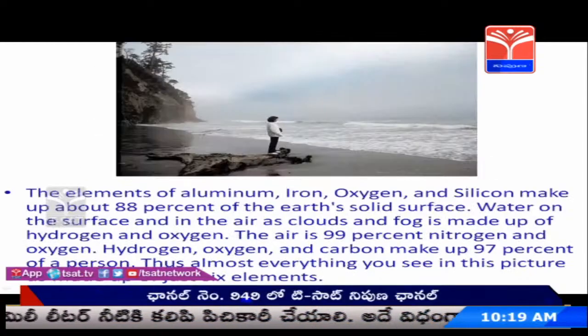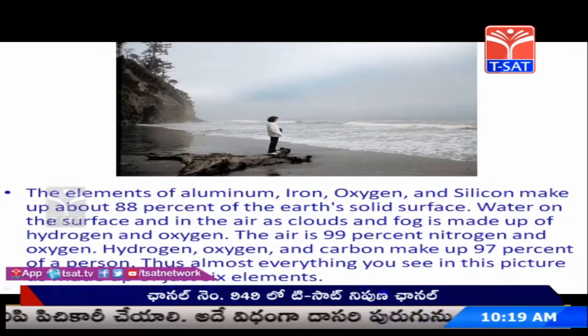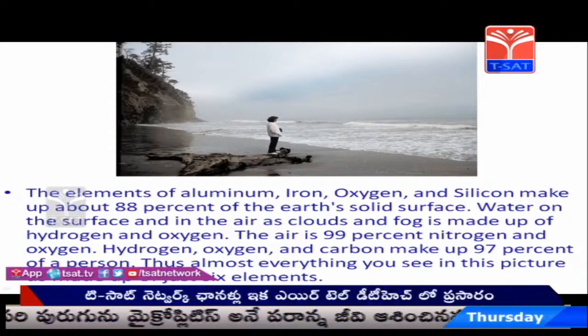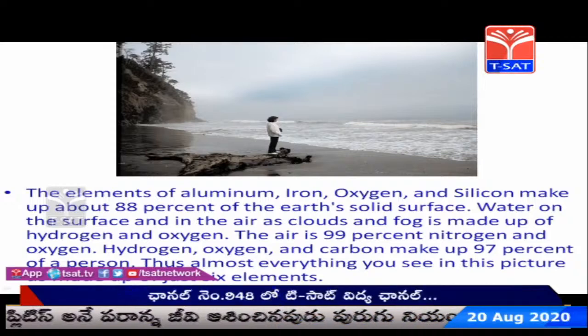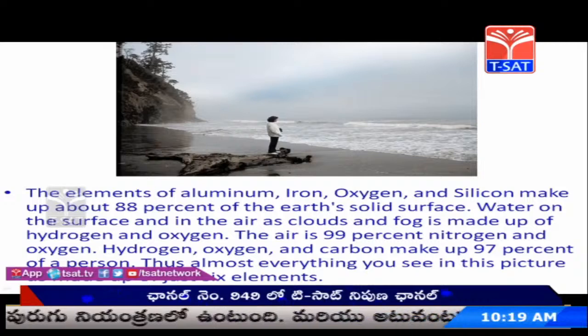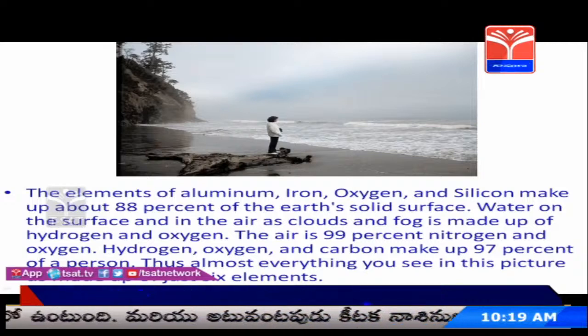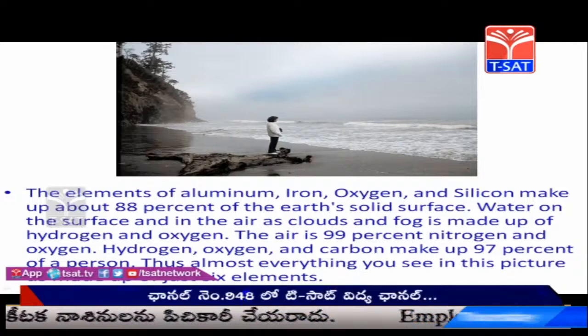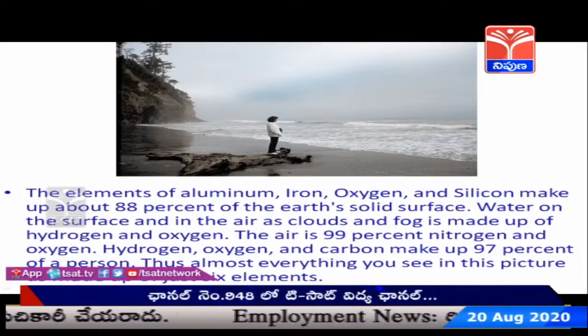The earth is comprised mainly of aluminum, iron, oxygen and silicon. In the earth crust, almost 88% of elements appear.